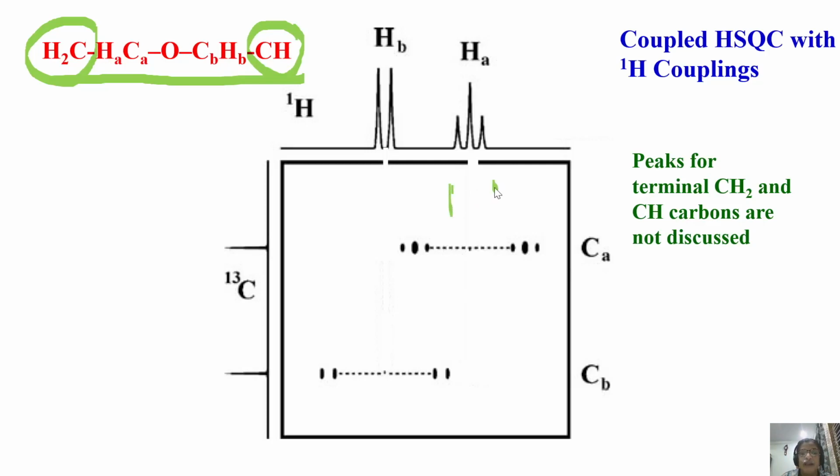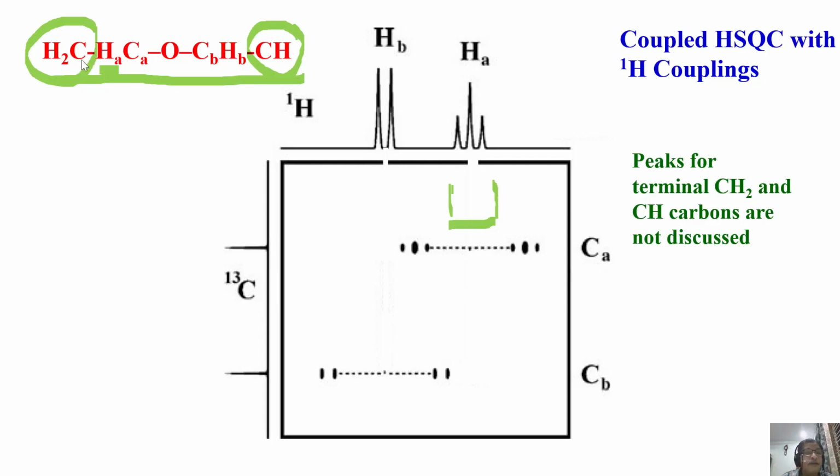Remember in the previous HSQC spectrum, we saw only two peaks because of coupling of carbon A with proton A. The satellite which you see in the proton spectrum was seen here in the proton dimension. In the carbon 13 dimension, we saw a single peak that we analyzed.